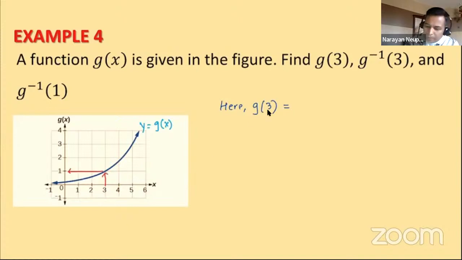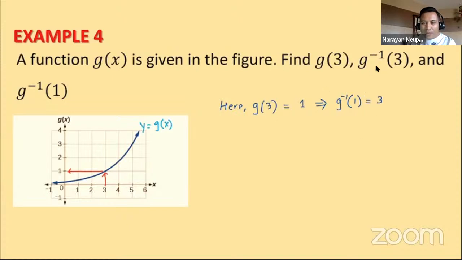So g of 3 will be 1. In other words, g inverse 1 will be 3. That means for the inverse function, these will be the domain. So if 1 is the input, then the output will be 3. So that is also the answer to this third one here. g inverse 1 is 3.